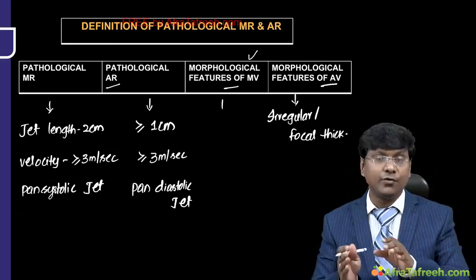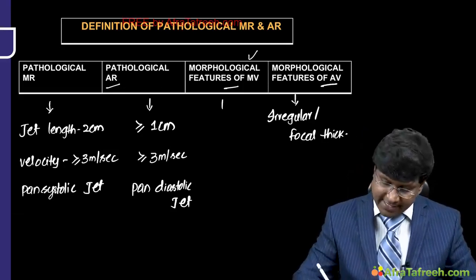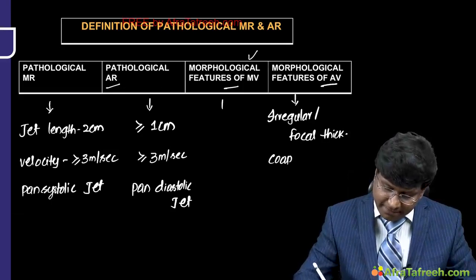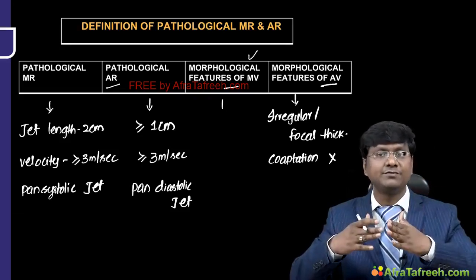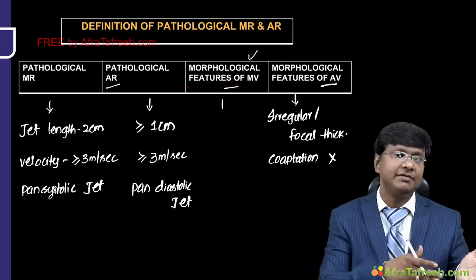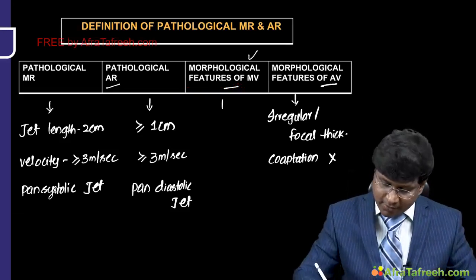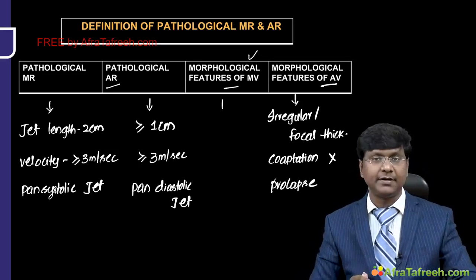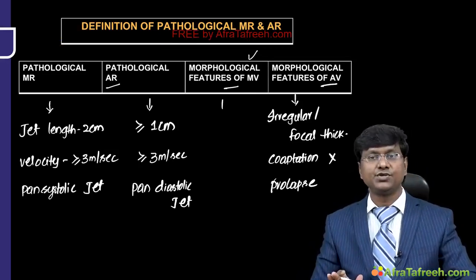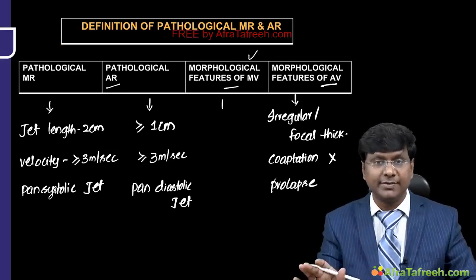And there should be a coaptation defect within the aortic valve. That means the aortic valve should not be able to close completely, and then only there will be development of AR. Or there should be prolapse of the aortic valve into the left ventricle. So these are the morphological features of the aortic valve to consider it as rheumatic heart disease.